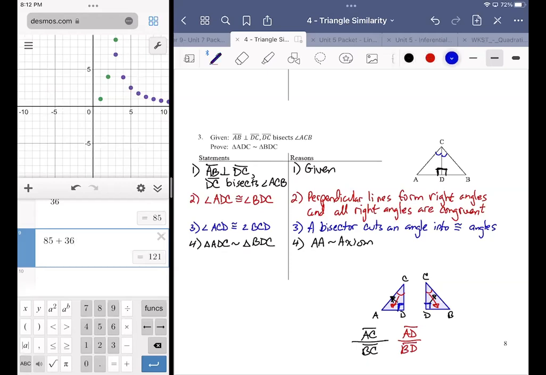And then lastly, the only remaining pair would be CD and, you guessed it, CD. All of these would be in ratio with each other and therefore in proportion with each other, all based off of the fact that the two triangles are similar. We could then say that the corresponding sides of these similar triangles are in proportion.